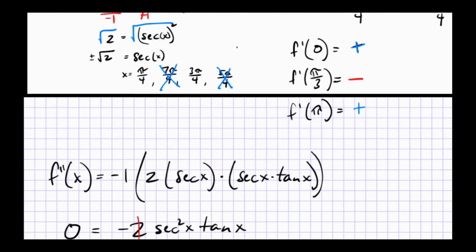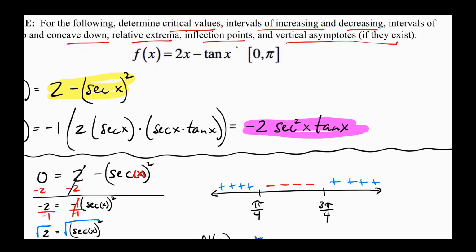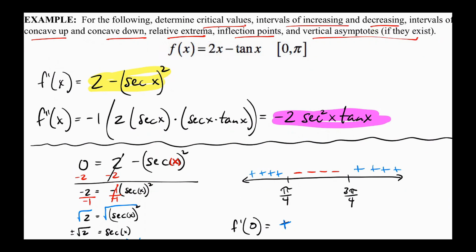One last thing though. Vertical asymptotes. Is there going to be a vertical asymptote here? When do we get vertical asymptotes? When there's fractions, which makes it, where's 0? 0 has to be where? On the bottom, right? When we get 0 on the bottom, what is that called? Undefined, right? Is there anywhere where this guy is going to be undefined?